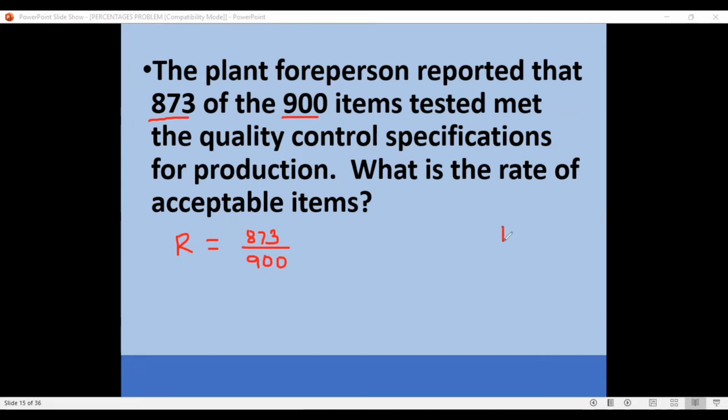So what are we going to have here? If you are going to divide 873 by 900, we can simply have a decimal point, because as you notice, 873 is less than 900. So we are going to append a 0. We have here a 0 group of 900 in 873.